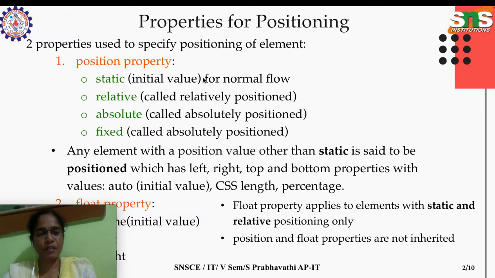Static is similar to normal flow layout. If the position is static, then the flow is not altered, and the browser will render the HTML elements in normal flow layout. To alter that, we need to set the position property to one of relative, absolute, or fixed.